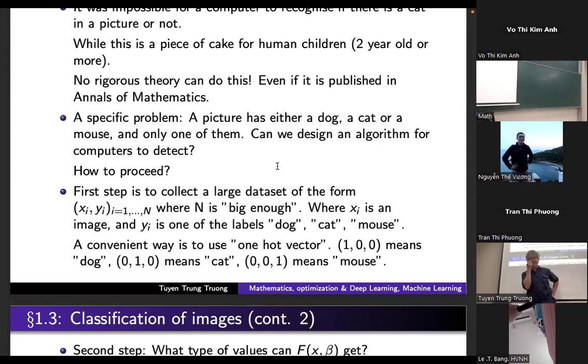For your y_i, you say 1, 0, 0 means this is a dog, 0, 1, 0 is a cat, 0, 0, 1 is a mouse. This is a good way to represent this kind of data if you have many categories.